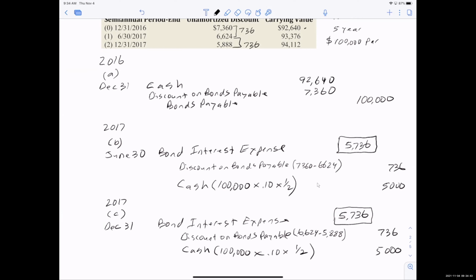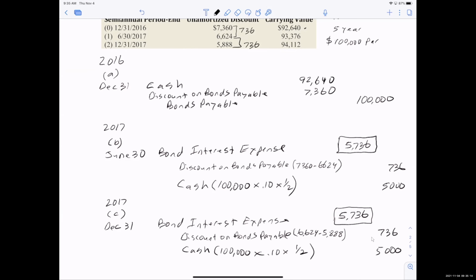So that's why it's the same on June 30th as December 31st. And also because it's straight line, and we're going to allocate it evenly over the periods, you're going to amortize the same amount, 736, right? Again, I just know that because it's straight line, it'd be 7,360 divided by 10, and that's where I get the 736.